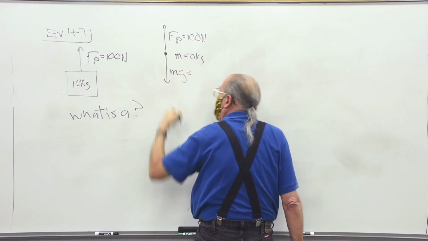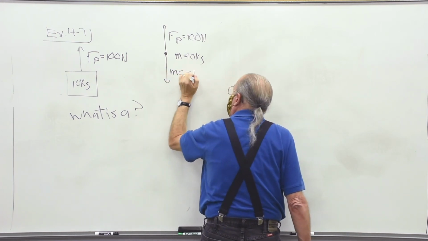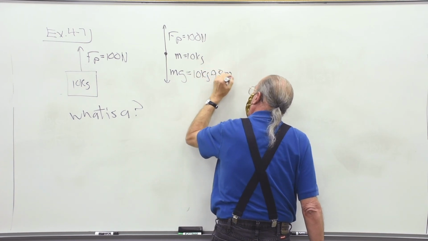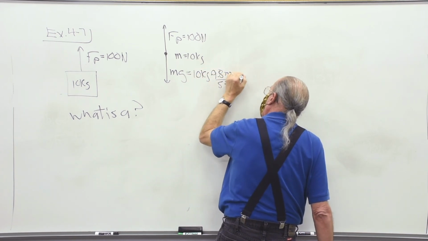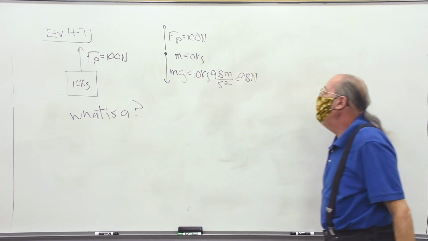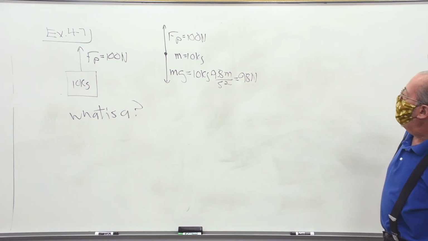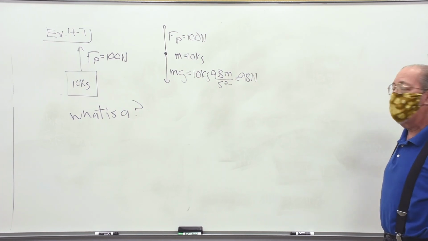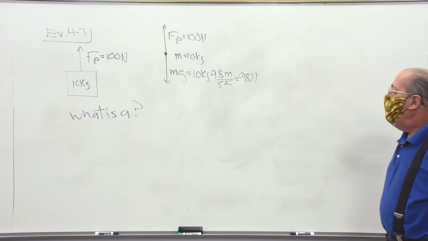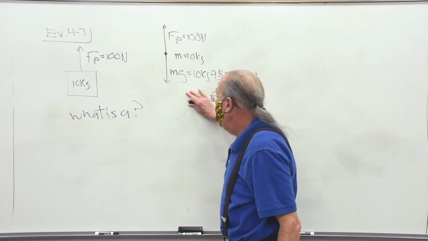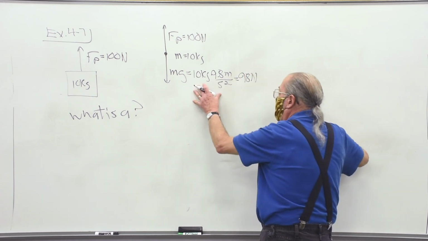Let's calculate it. m is 10 kilograms. So there is a force of 100 newtons going up and a force of 98 newtons going down. We've got the free body diagram. There's one object, one free body diagram. We already calculated the weight.